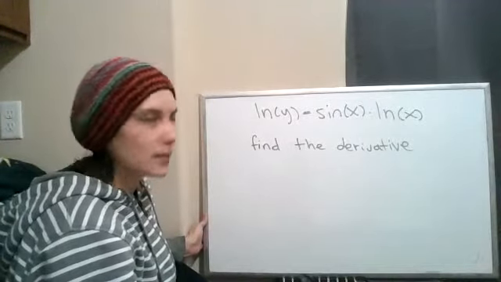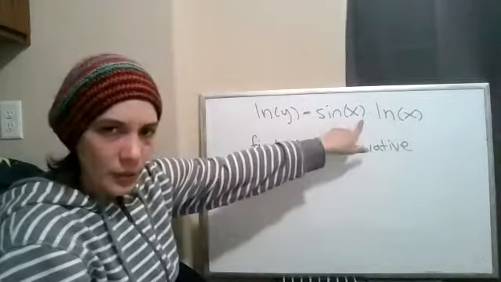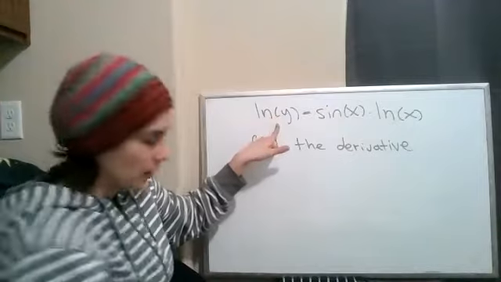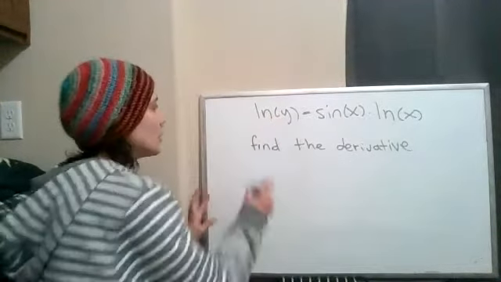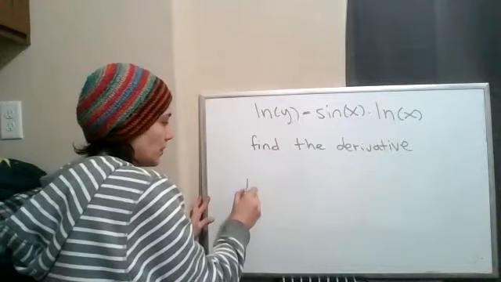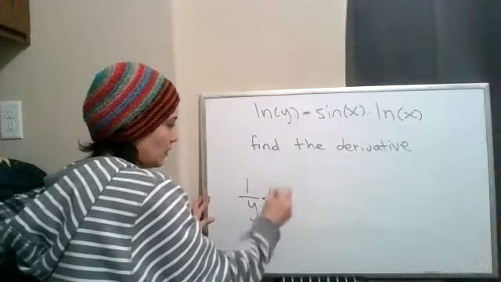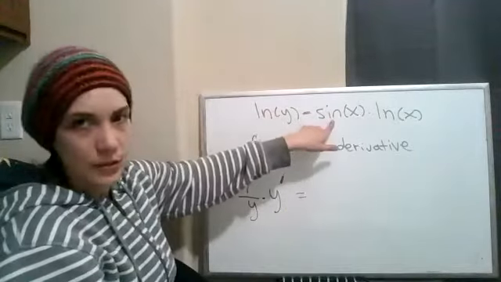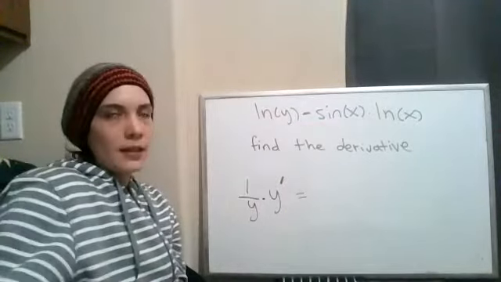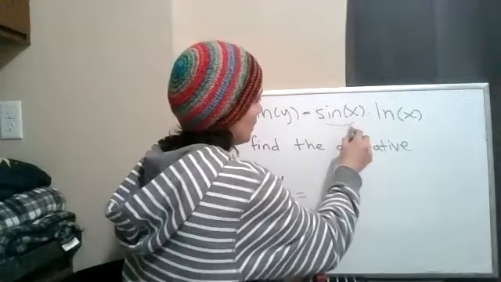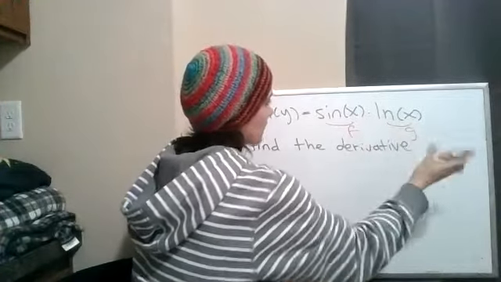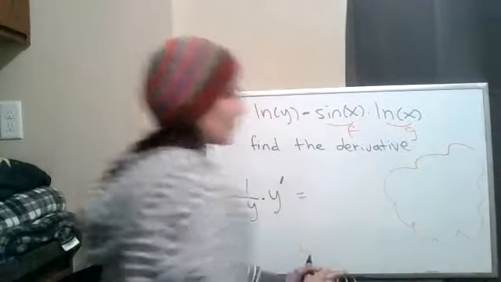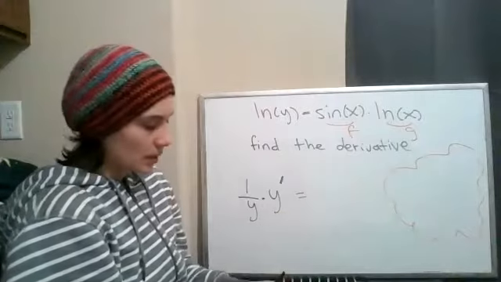We're going to need to use a product rule on this side, and then since y is a function, this has a chain rule on the other side. So chain rule gives us 1 over y times y prime equal to, let's call this one f and g, f prime g plus g prime f.